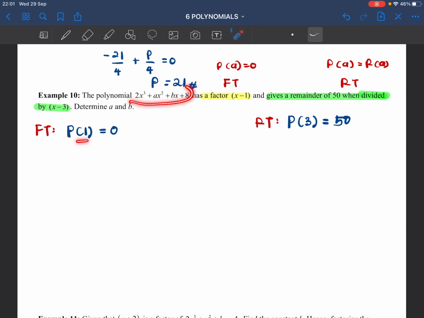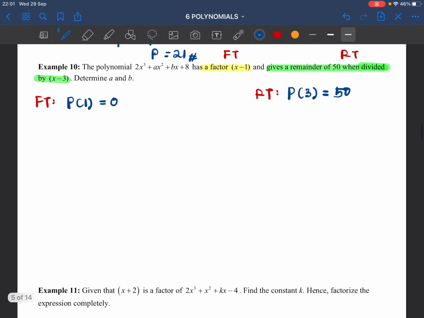Substitute 1 into this polynomial, substitute 3 into this polynomial, and then you're going to get your value of A and B. Okay, let's quickly do this. You can do the simultaneous equation by yourself.